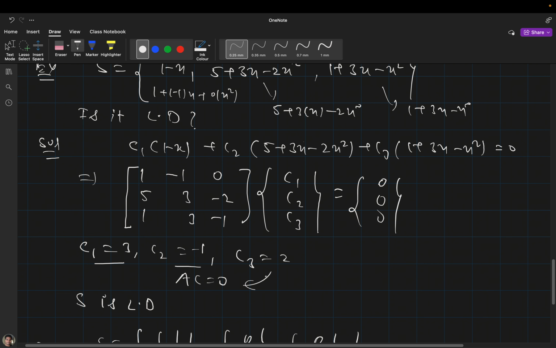I have to get only one non-trivial solution. If I get that, it means that the system is linearly dependent. Is it fine?